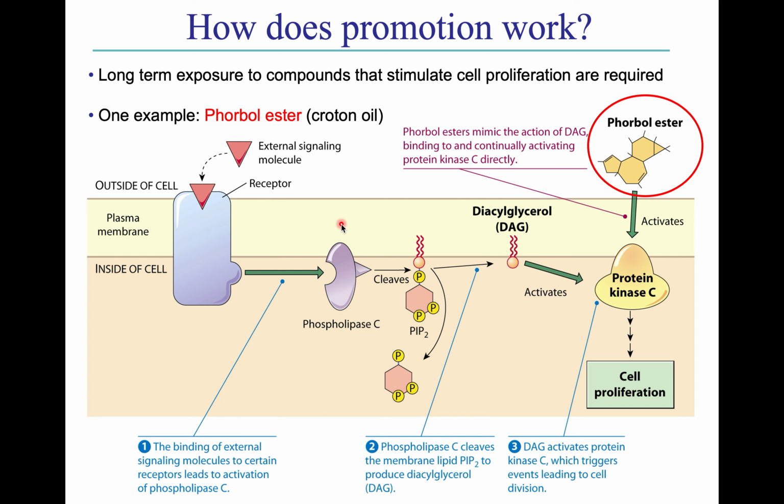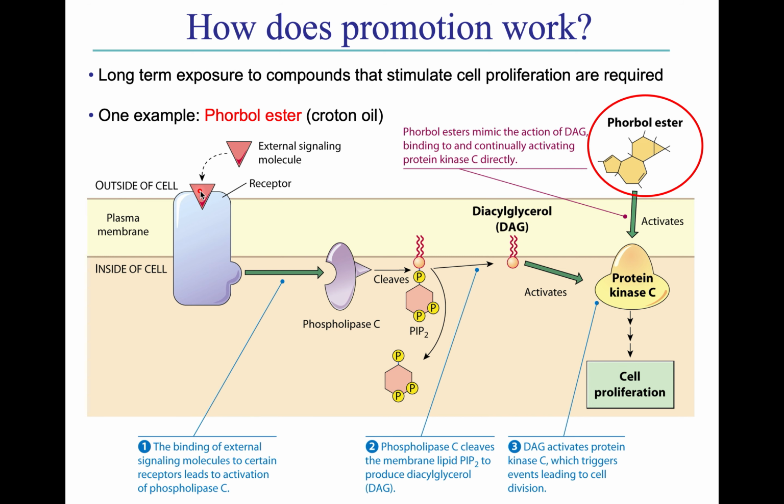So what is promotion? Well, as I said, it's really anything that's going to stimulate cell proliferation. And in the case of croton oil, which is a phorbol ester, what this chemical will do is it will directly bind to this enzyme protein kinase C in cells and basically sidestep this whole signal transduction pathway that would normally be triggered by some external signaling molecule.